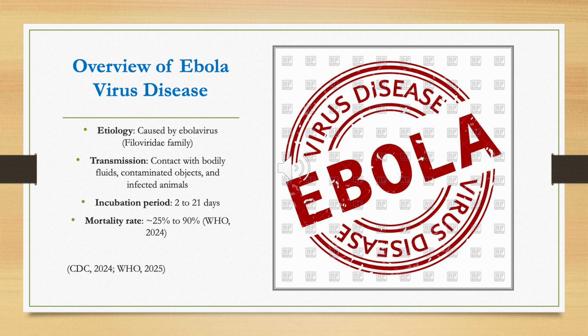One fact is that the CDC reported the last confirmed case on January 30, 2025 in Uganda, when Ugandan health officials reported a confirmed case of Ebola. It's one of the viruses, like Sudan virus, in a patient who died at the National Referral Hospital in the capital of Kampala.